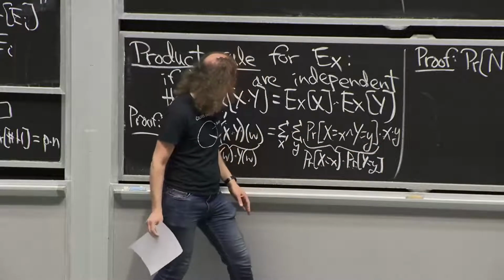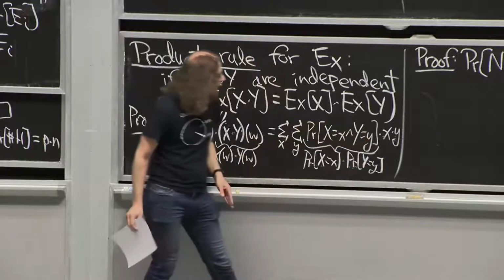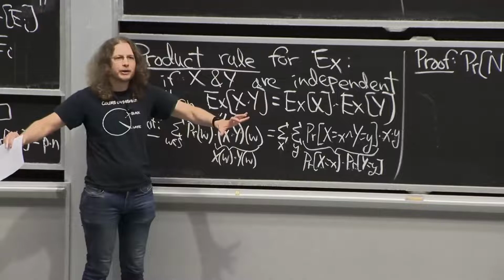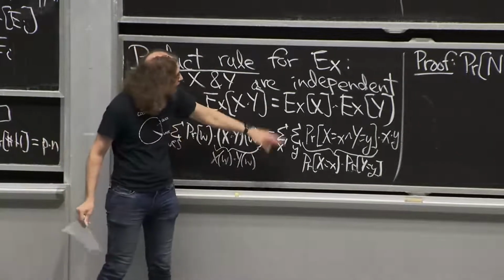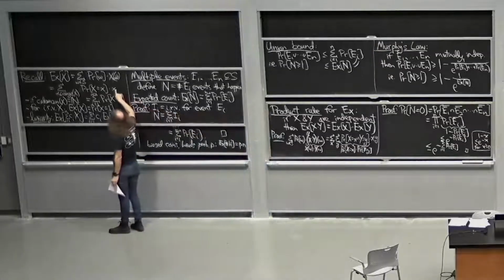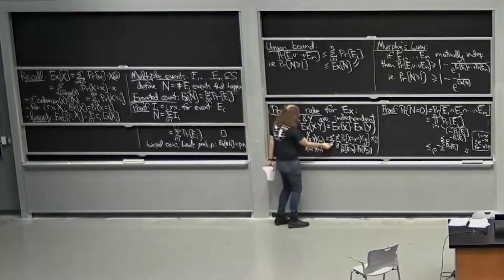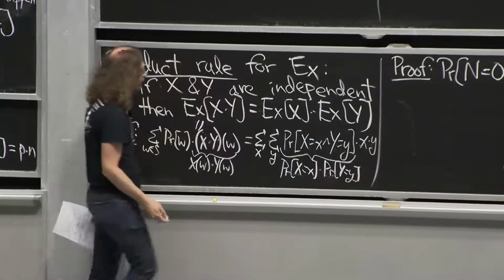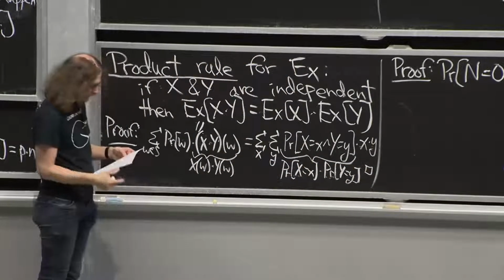I didn't mean to say sum all the time there. And we know from way back in our summation formulas, we can separate out the summation over x from the summation over y, and take their product. And if you do that, you get exactly this formula with X and with Y. I didn't write it here, but this is x in the range of X, and this is y in the range of Y. And so that's why this works. So it's really just using the product rule for probabilities.